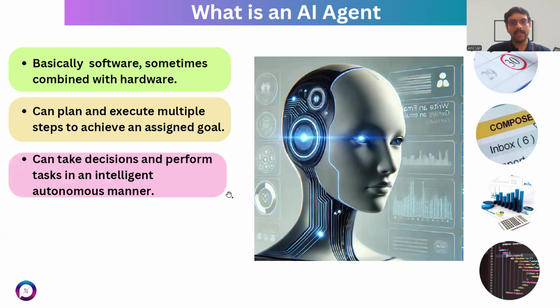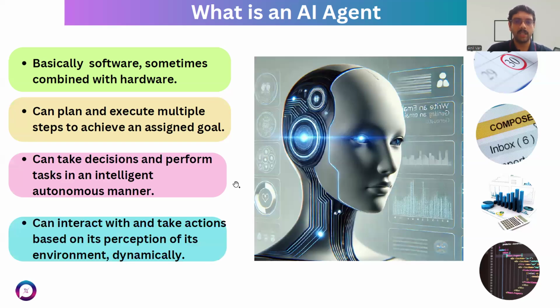What makes it interesting is that agents are supposed to be able to take intelligent decisions to try and achieve these goals in an autonomous manner. So you're trying to ensure that the agent does not each time have to be prompted by a human in the loop. Rather, it can semi-autonomously or autonomously perform the task it's been assigned and find ways to perform that task in a step-by-step manner.